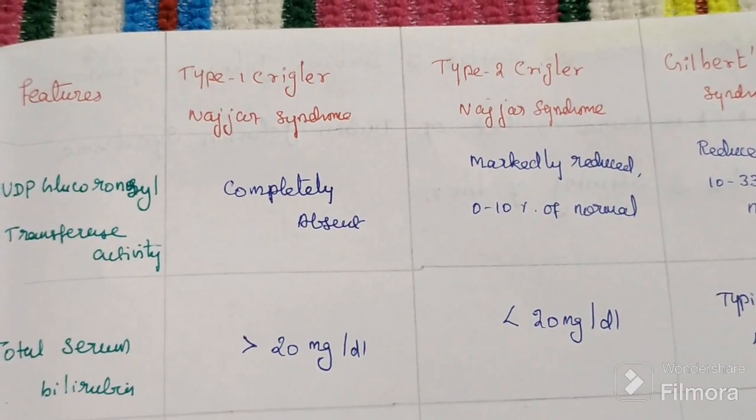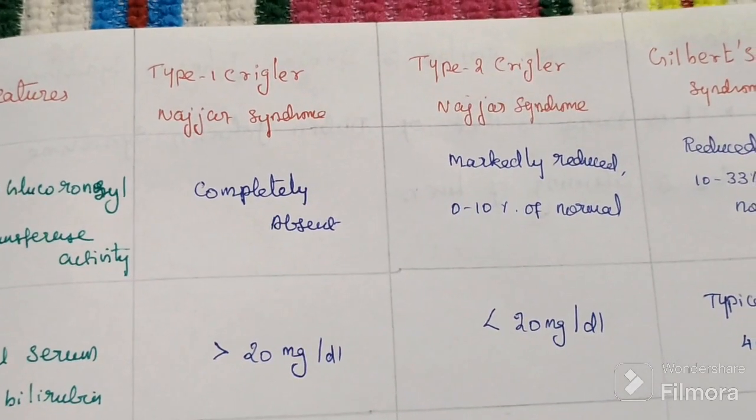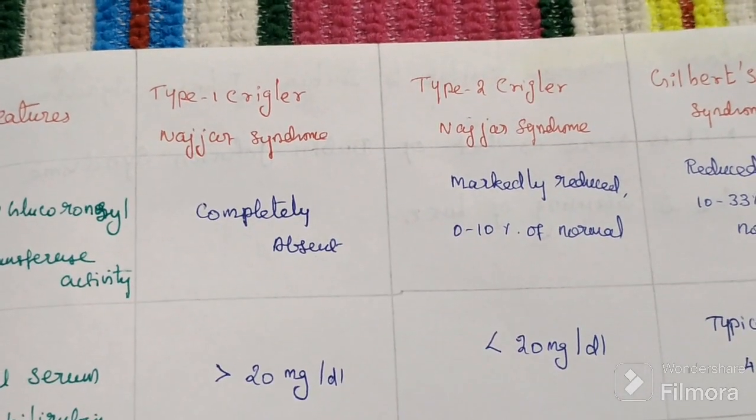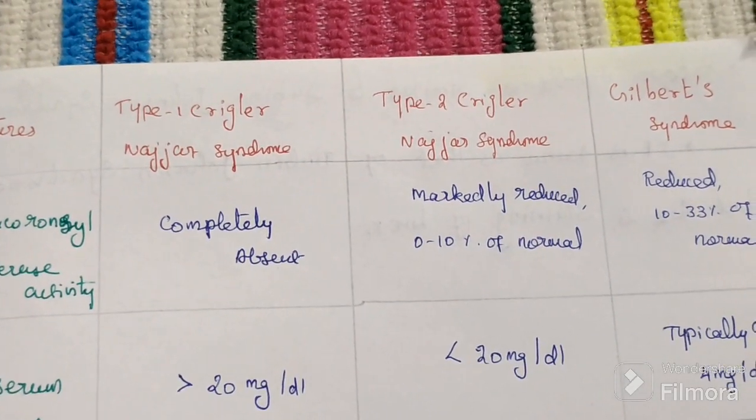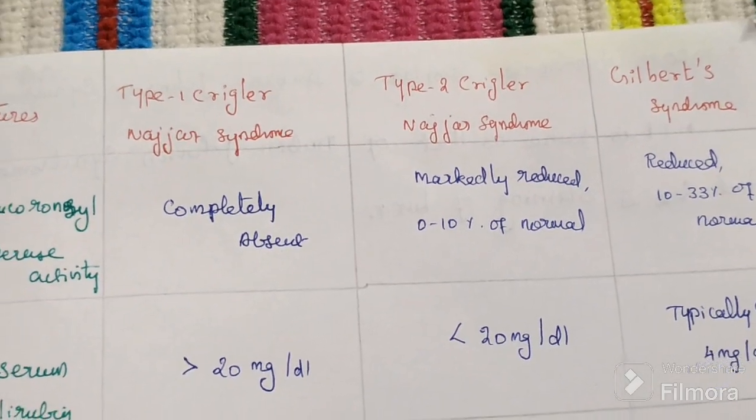Now discuss the different clinical features of Crigler-Najjar syndrome, which has two types, type 1 and type 2, and Gilbert syndrome.